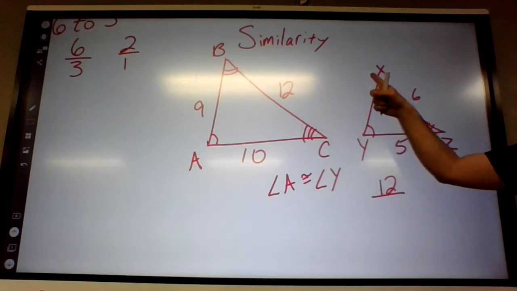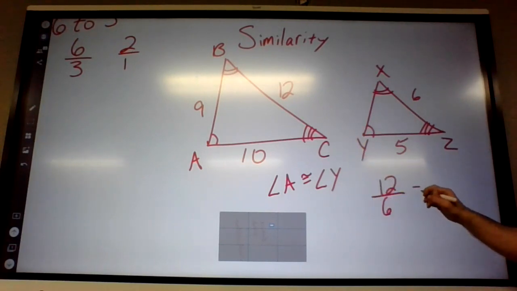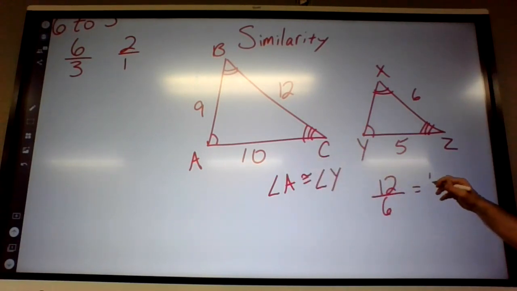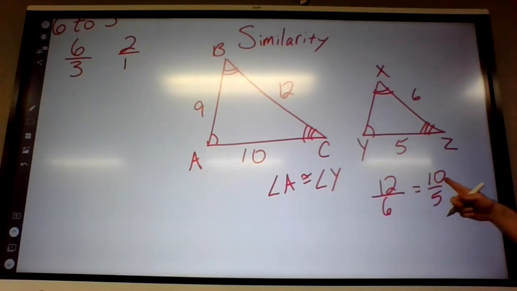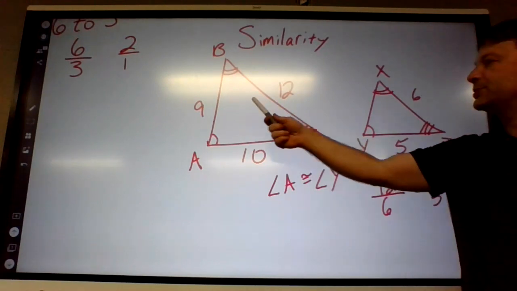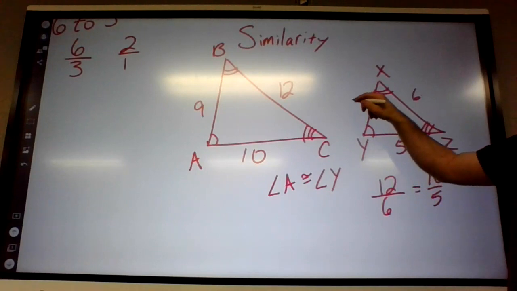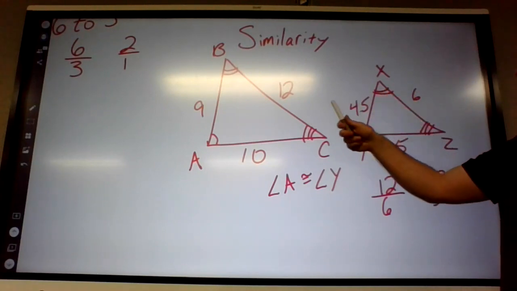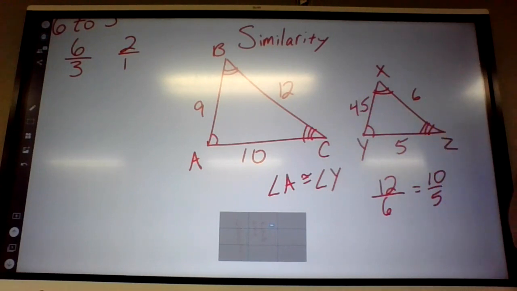So 12 to 6, that ratio equals 10 to 5. These both reduce to 2 to 1. 12 over 6 equals 10 over 5 equals 9 over, what would this one have to be? 4.5. So in this example, all these sides are twice as long as the corresponding side.